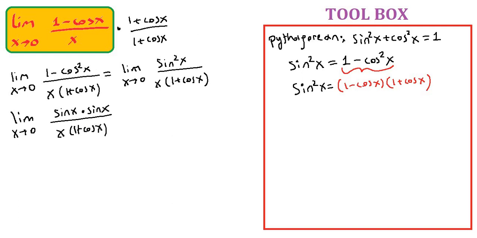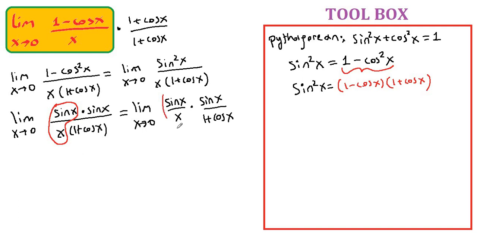Now we can separate the fractions because we have the desired pocket limit, which is sine x over x, that we have proved at the beginning of the video. So we can rewrite this limit as x approaches 0 of sine x over x times sine x over 1 plus cosine x.